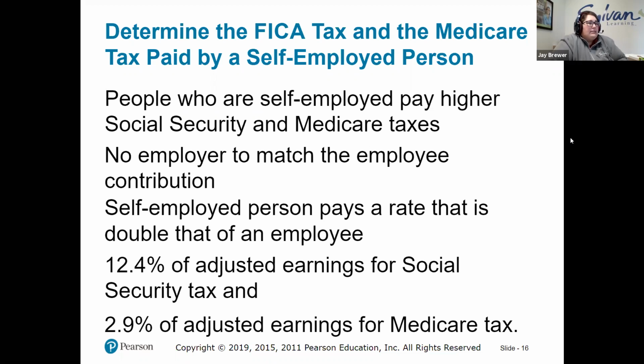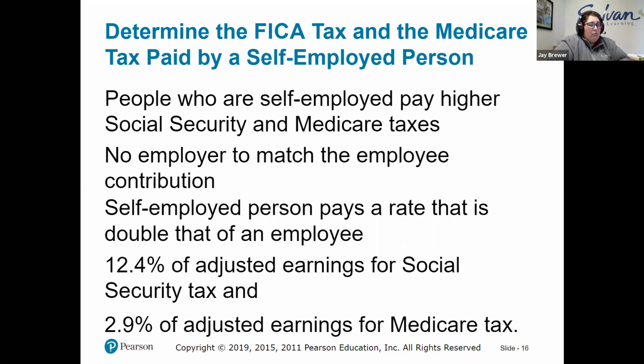Determine the FICA tax and the Medicare tax paid by a self-employed person. People who are self-employed pay higher Social Security tax and Medicare taxes. There's no employer to match the employee contribution, so that is why they are charged at a higher rate. That is not the case with independent contractors.